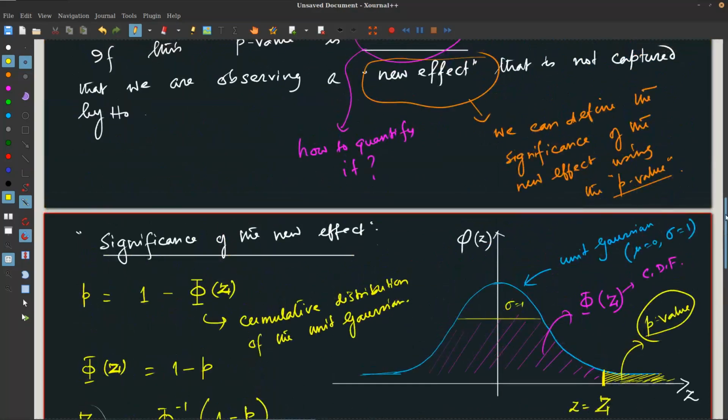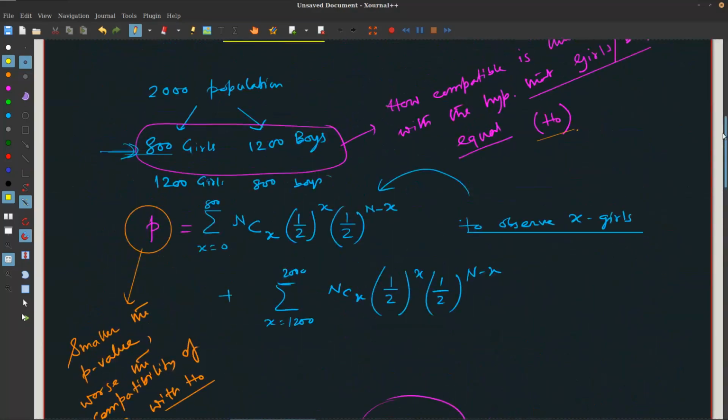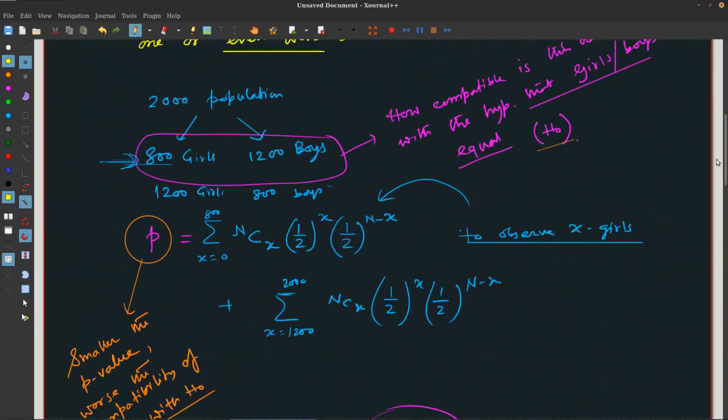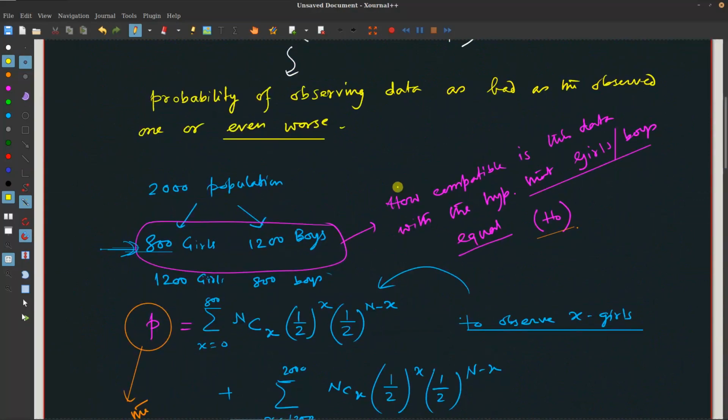Remember, here you want to judge the data in view of a given hypothesis. But instead, suppose you said that the probability of finding girls is theta, and the probability of finding boys obviously will be 1 minus theta.